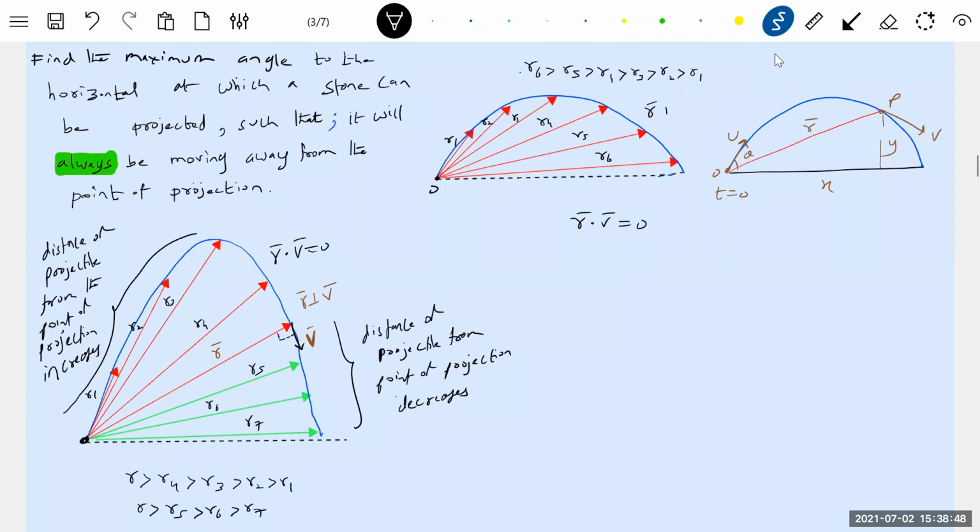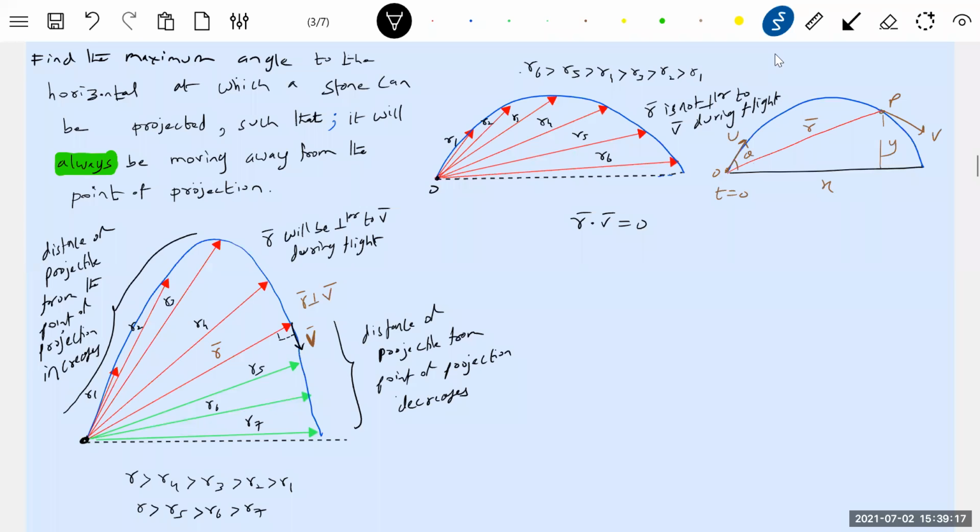R bar is not perpendicular to V bar during the flight. Here R bar will become perpendicular to V bar during the flight. Okay, let me write it here.